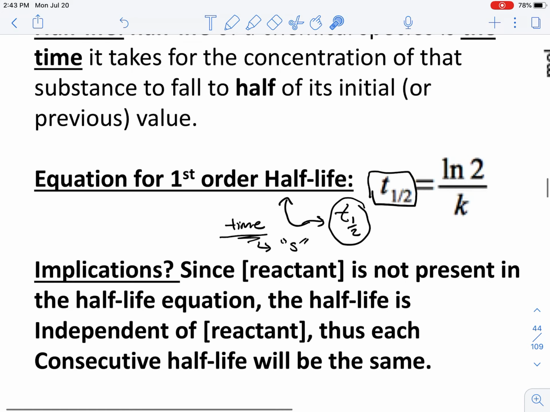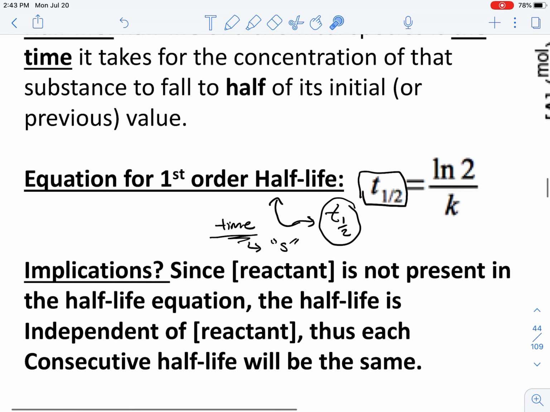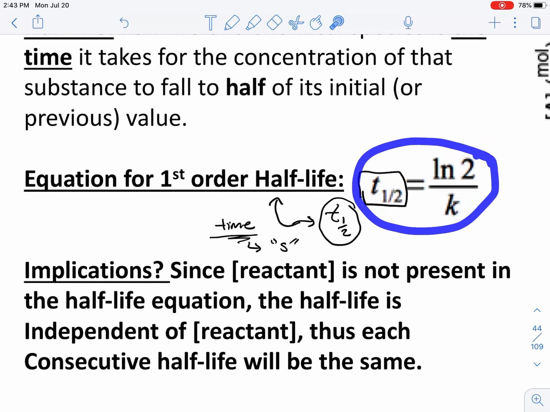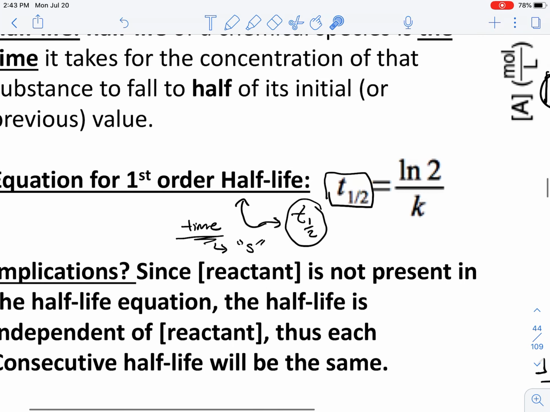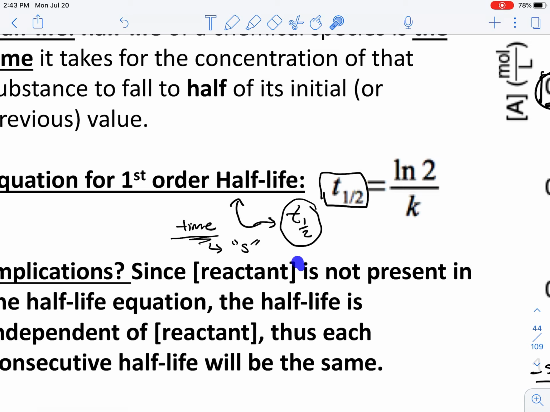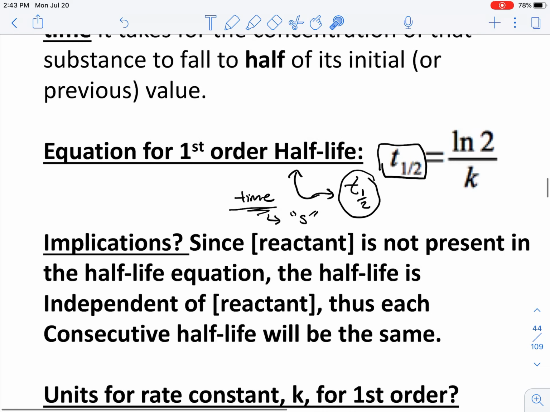And so what is the implication for this half-life? It turns out that since the concentration of the reactant A, or any reactant really, is not present in this half-life equation, this is telling us that the half-life is independent of the concentration of the reactant.